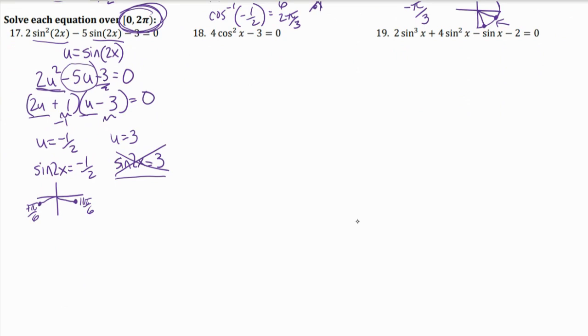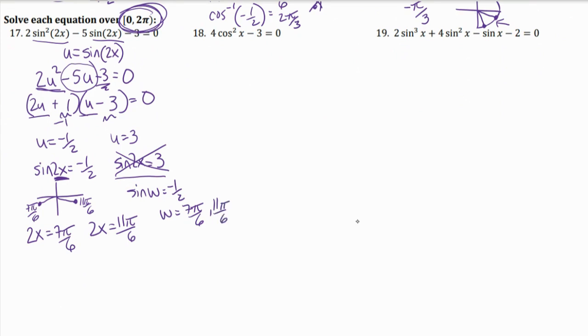But I don't just have x, I have sine of 2x. So 2x is equal to 7 pi over 6, and 2x is equal to 11 pi over 6. Another thing you can do is use u substitution, or use w: sine of w is equal to -1/2, then w equals 7 pi over 6 and 11 pi over 6, and then plug 2x back in.